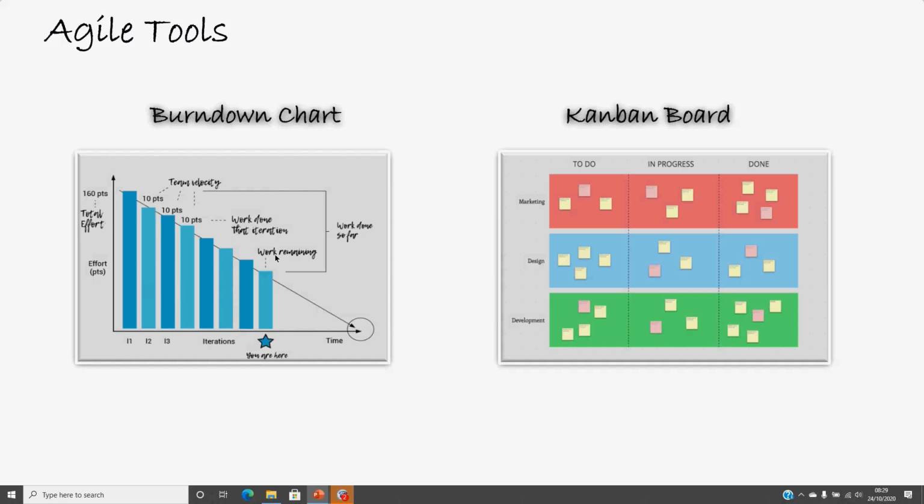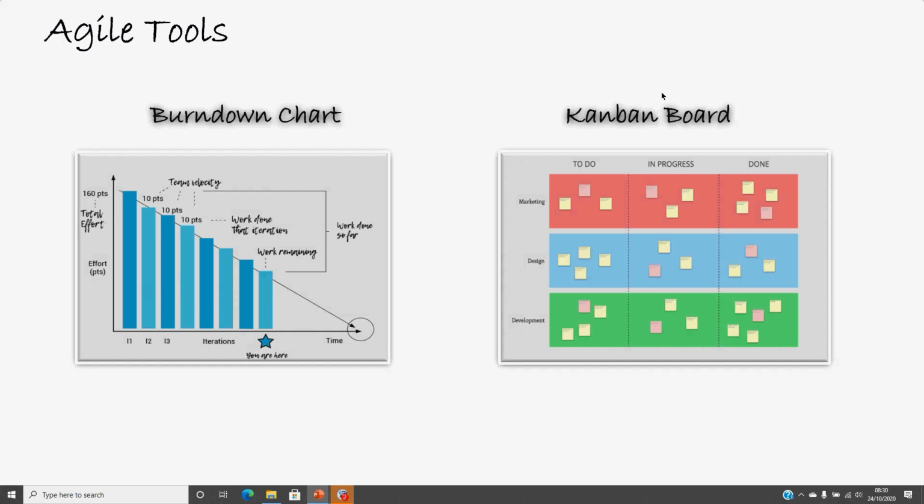For example, you can see the total amount of work, the amount of work which is remaining, and even calculate your velocities, that is, how many story points you are delivering over a particular sprint or over an iteration, and how much is remaining. So you can do these things.